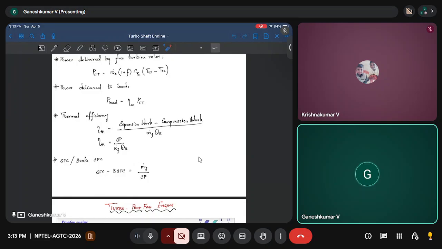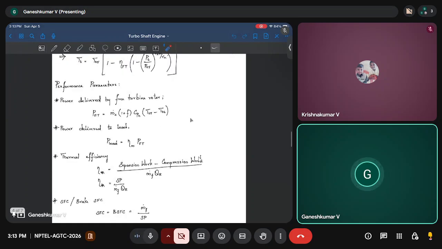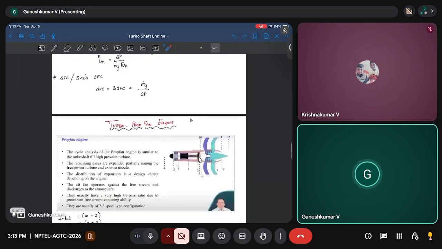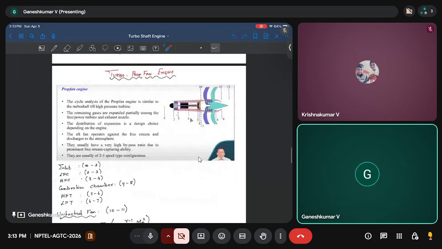So this is about turbo shaft engines, and there's also one more class that we studied, the turboprop fan engines, where it's similar to turbo shaft till the high pressure turbine. The remaining gases are expanded partially among the free power turbine and some of the exhaust gas. Typically, you have another turbine which runs this big fan, which is nothing but the aft fan.